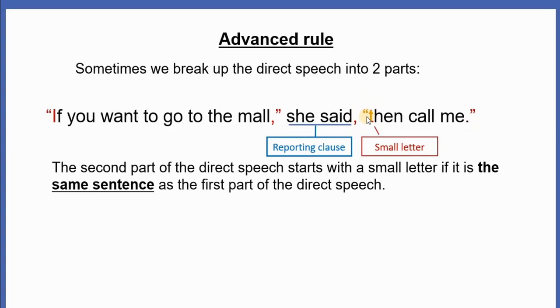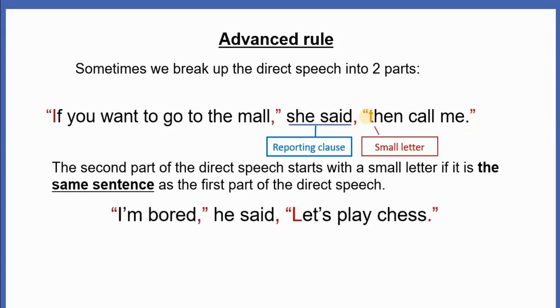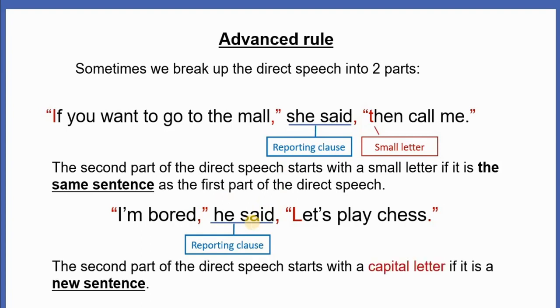but another example. "I'm bored," he said. "Let's play chess." Here is the reporting clause in the middle. The second part of the direct speech starts with a capital letter if it is a new sentence.